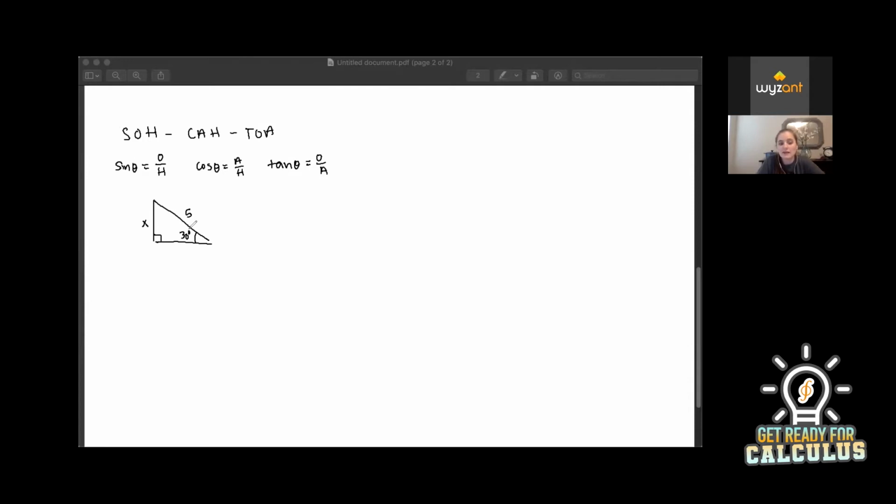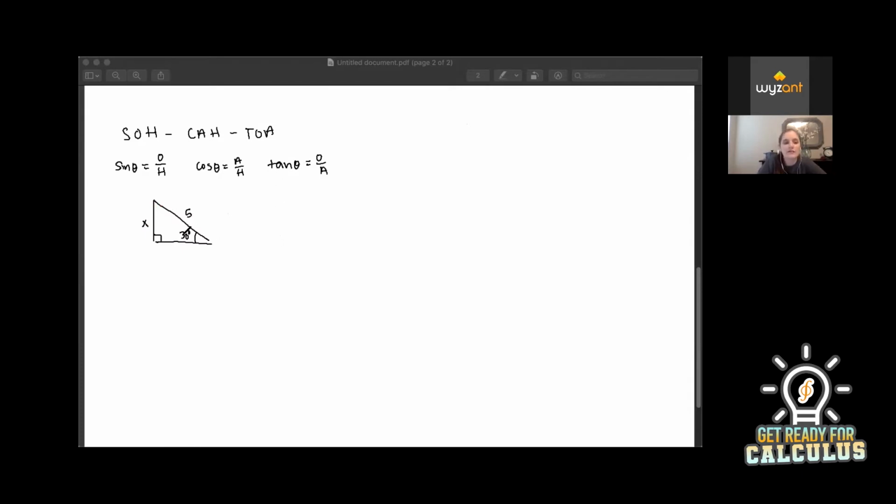Everything is relative to the angle that you're actually talking about. So for this 30-degree angle, this is the opposite side, this is the adjacent side, and this is your hypotenuse. Had I been talking about the angle over here, then your opposite side is across from it, and the adjacent side is right next to it, because adjacent just means right next to.